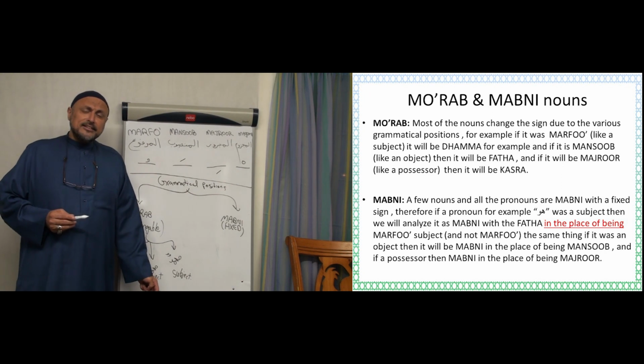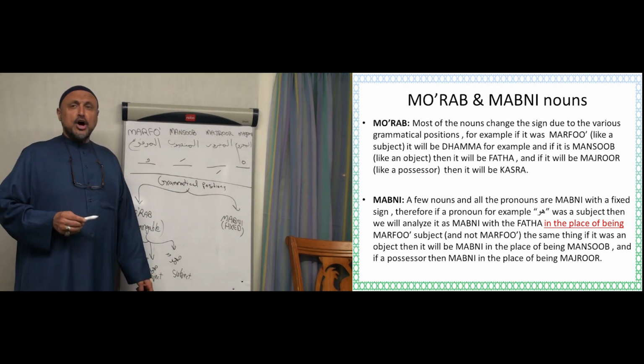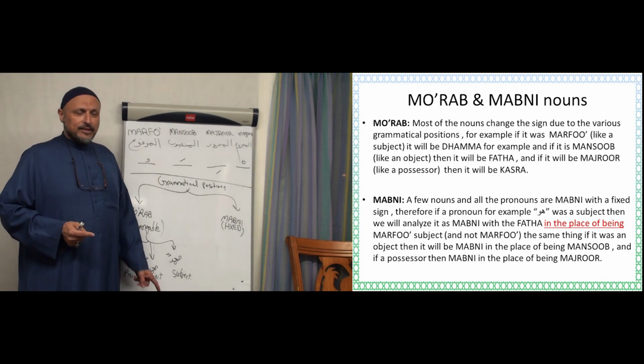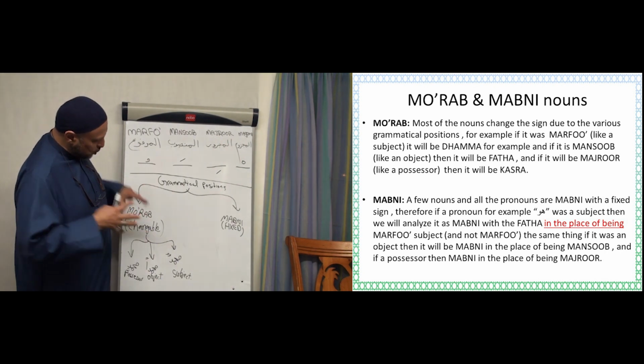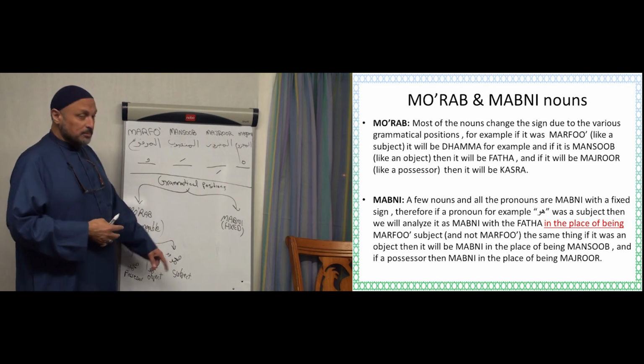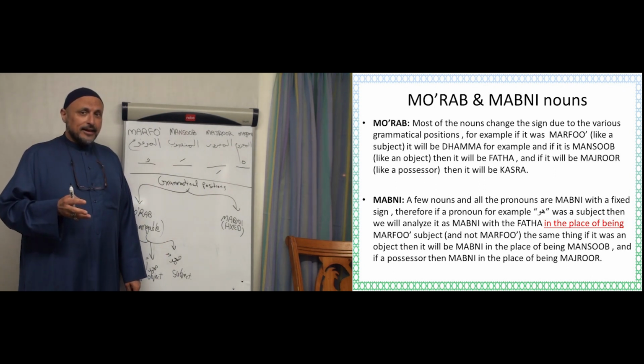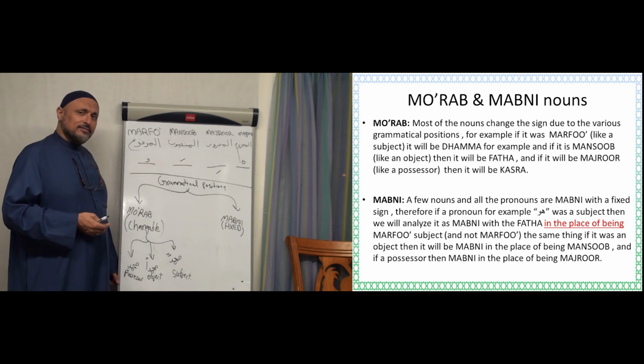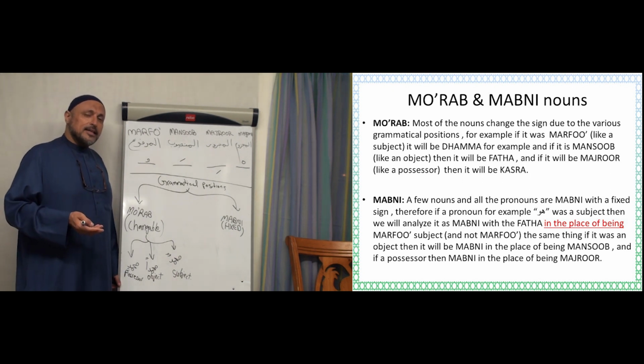In some books you will find the subject is called nominative, and this one is accusative, like you're accusing, an object accusing. The subject is the one who did the verb, did the action. Possessive, he possesses something. Kitabu Muhammadin, book of Muhammad.